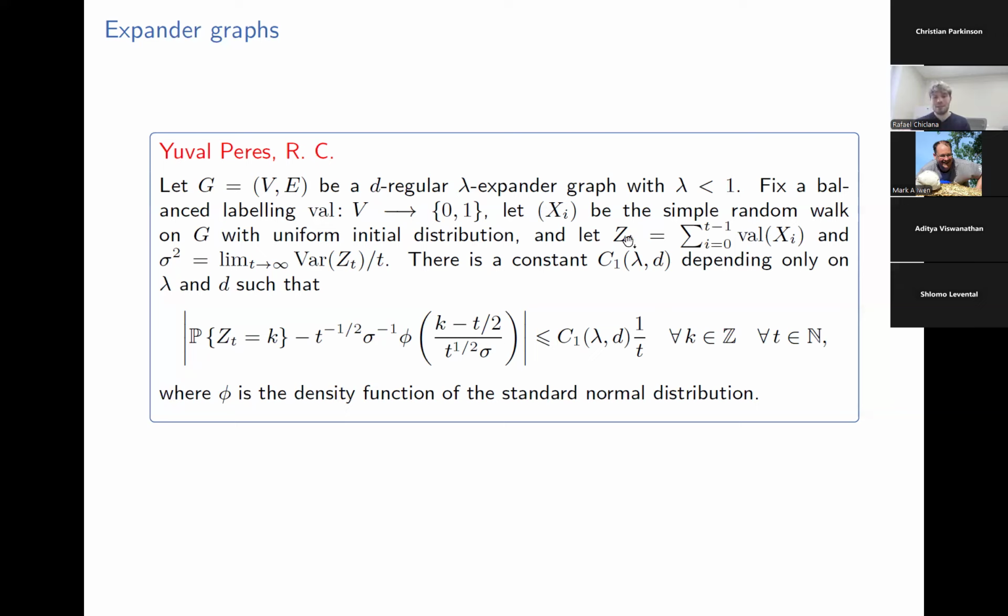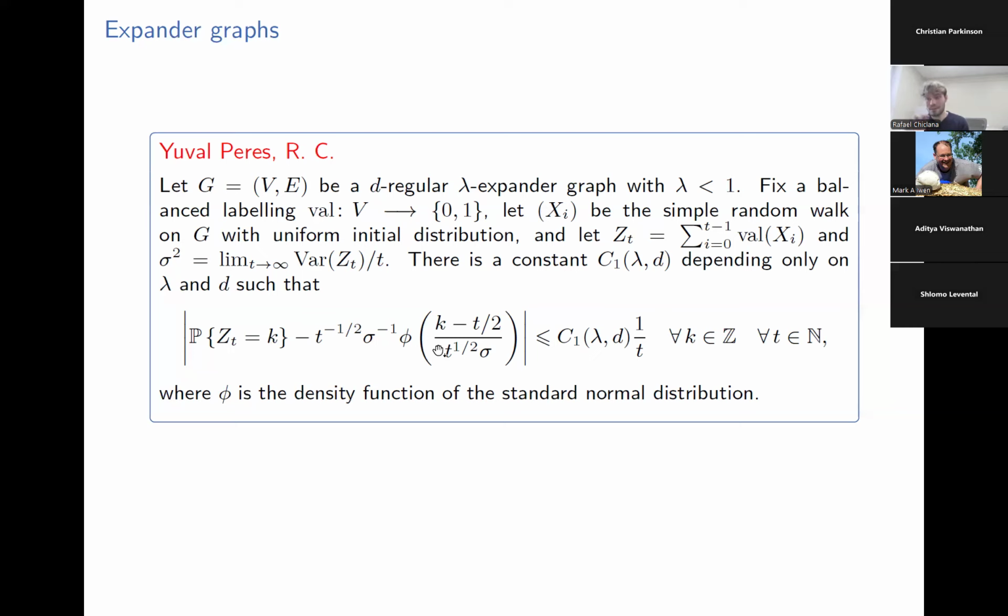Then this random variable will satisfy the local central limit theorem, which means that the probability that this sum of labels is equal to k is pretty much the same as the probability that the normal distribution is equal to k.